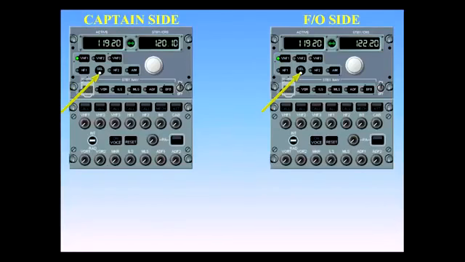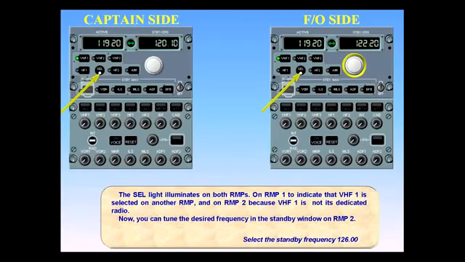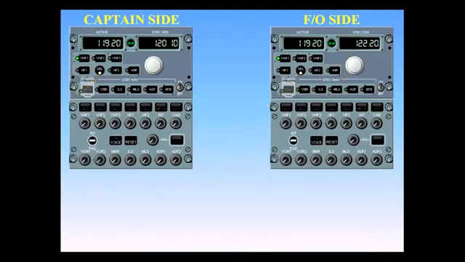Now you can tune the desired frequency in the standby window on RMP2. Select the standby frequency of 126.00. Transfer the standby frequency to the active window.